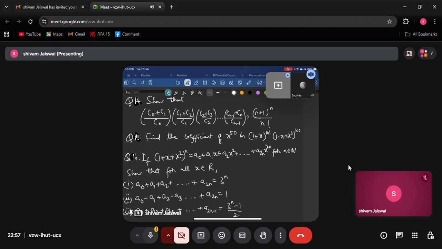I cannot understand how you are writing this. Sir, n plus 1 minus 1 gives me n factorial and it gets cancelled. So n plus 1. Oh, okay. Got it. It's correct.